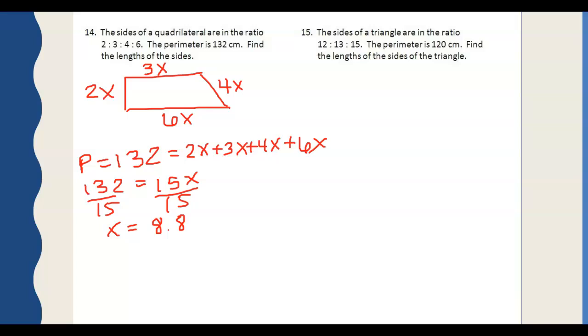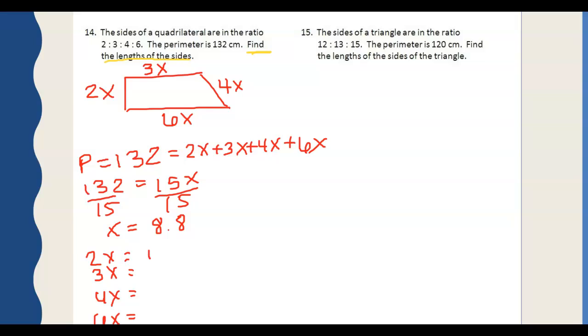But you have to make sure you read the problem. It says find the lengths of the sides. It doesn't say find the value of x. So the lengths of the sides are actually equal to 2x, 3x, 4x, and 6x because I have 4 sides.